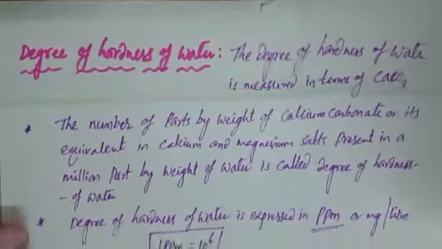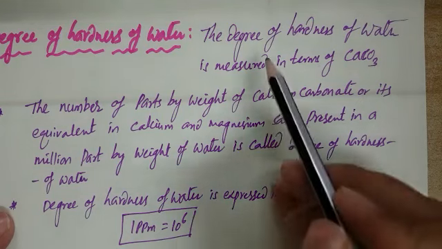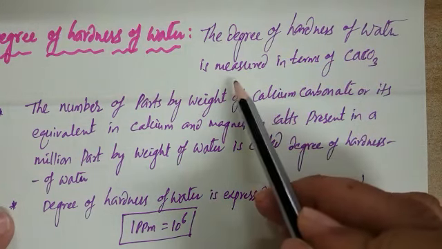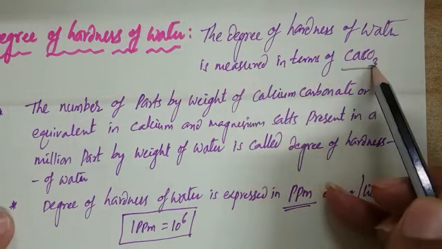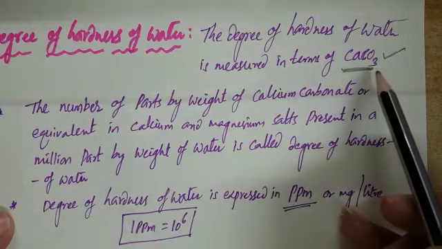Now the important concept is how to calculate the hardness of water. That is expressed in terms of degree of hardness. Degree of hardness of water is measured in terms of CaCO3.